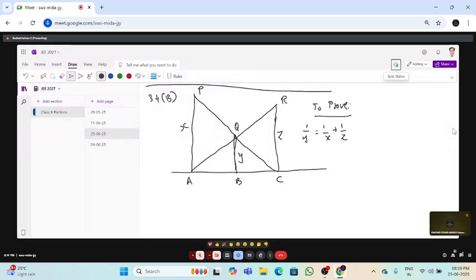Okay. I hope you all can see my screen now, right? I've drawn the same diagram on the board.